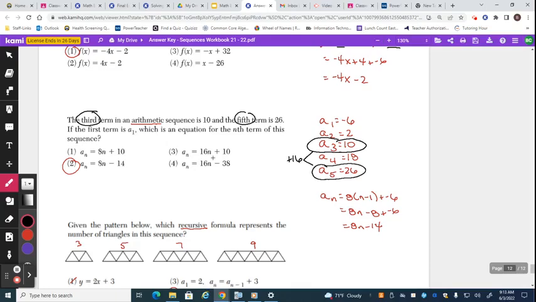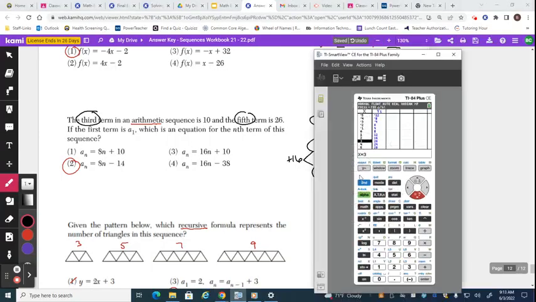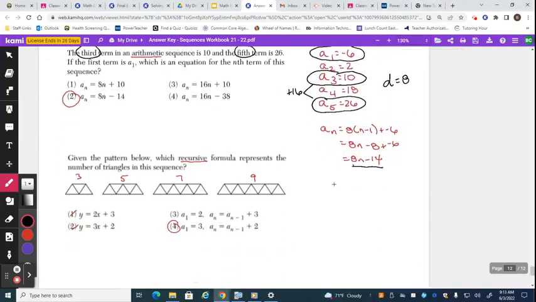So the common difference is 8. The first term is -6. Putting those together, I plugged them in and simplified, and I got 8n minus 14. And again, I'm just going to double check. Third term should be 10, and the fifth term is 26, and that works out.